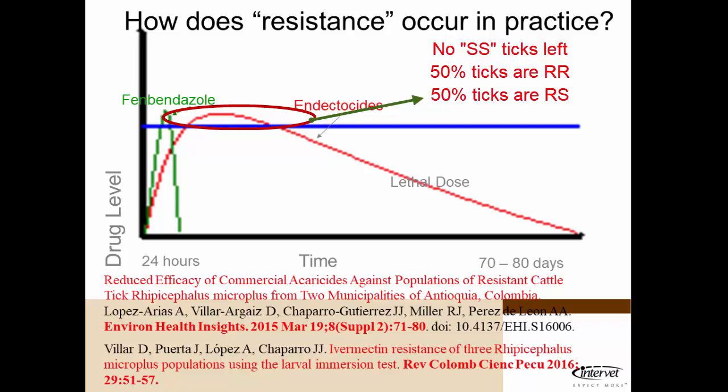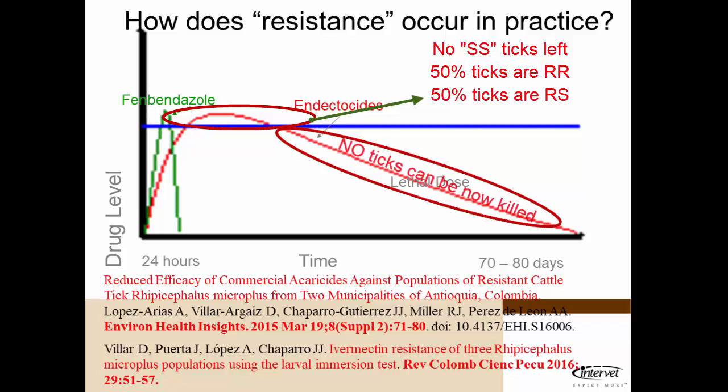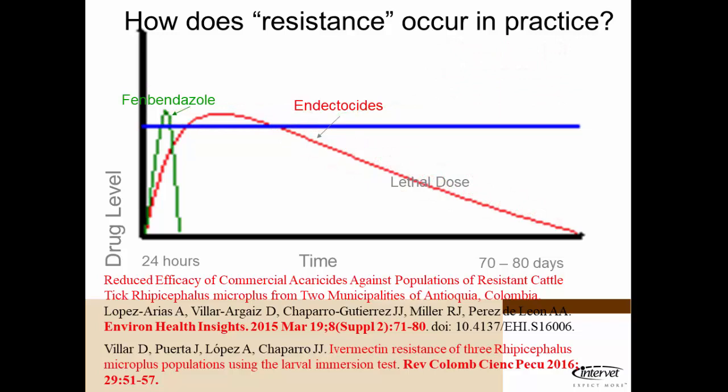But the duration of action is also going to be reduced because in the second month, as the concentrations are decreasing, all the double S susceptibles have disappeared, and basically all the ticks that remain in the farm are either double R resistant or heterozygous, and neither one of them can now be killed with those lower concentrations.